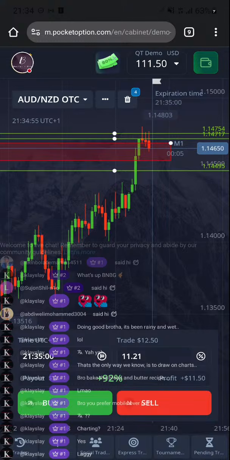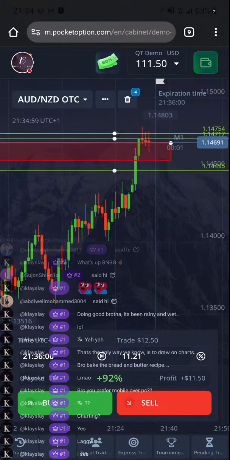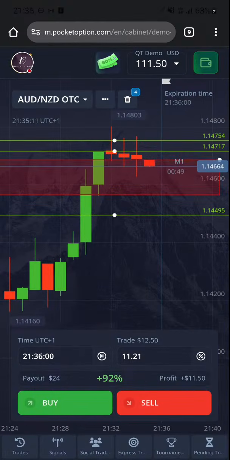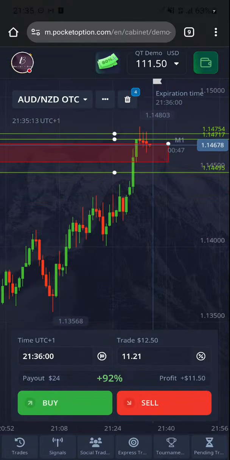Also, anytime you are on the move and maybe you want to take a trade, you just tap your phone screen. Actually, if you are using a higher end phone, I'm talking about a flagship phone, not a mid range or low range phone, tapping the screen is faster than clicking a mouse.